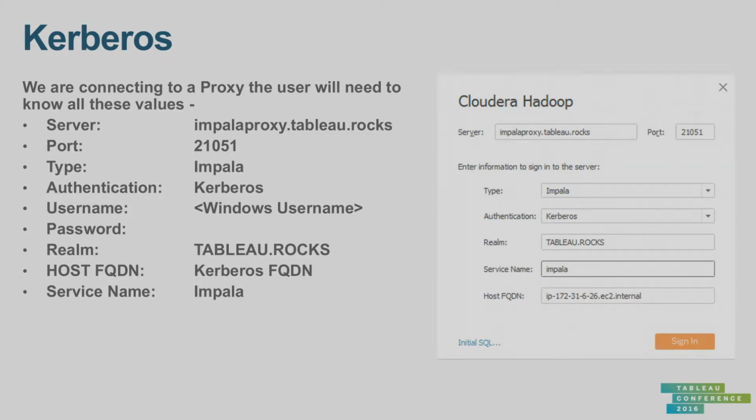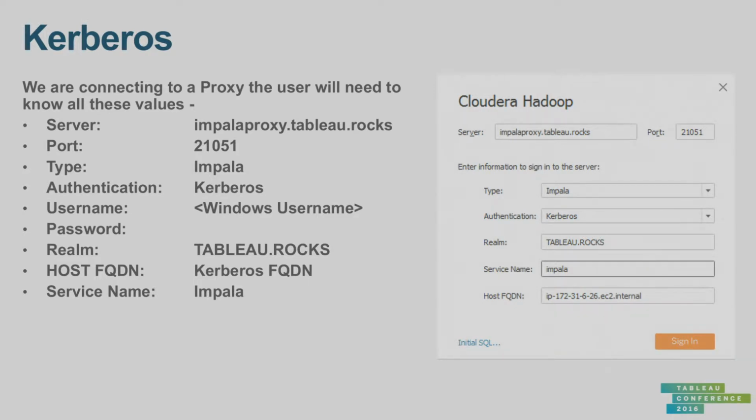So the realm is the Kerberos realm, which is defined on the cluster. The fully qualified domain name is the name as it's known inside Kerberos, or inside the cluster for that Kerberos cluster. And you might notice it's not necessarily the same as the server endpoint.